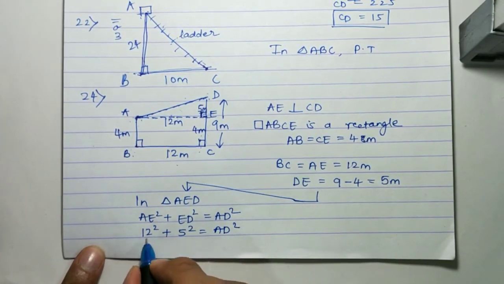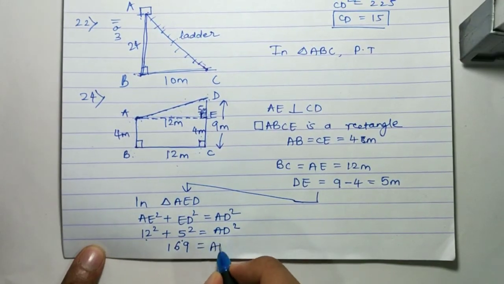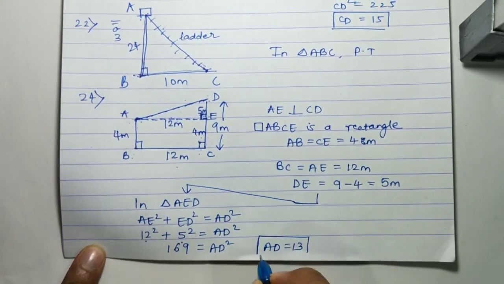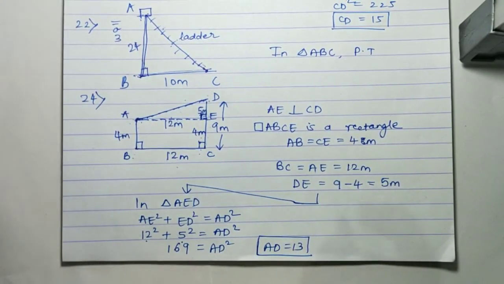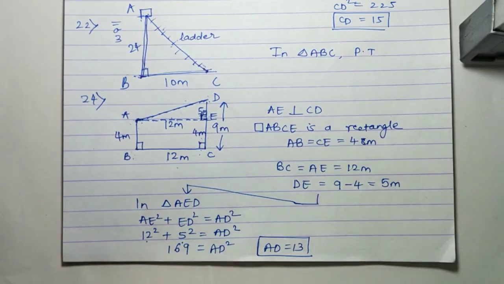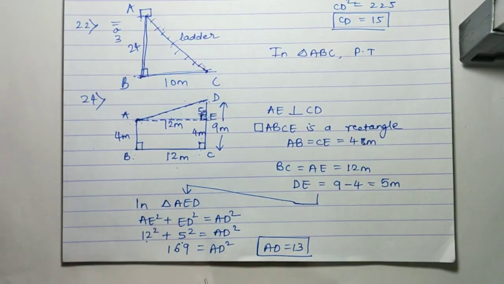So that is 144 plus 25, which is 169 equals AD square. So AD is 13. Okay, AD is 13 centimeters.